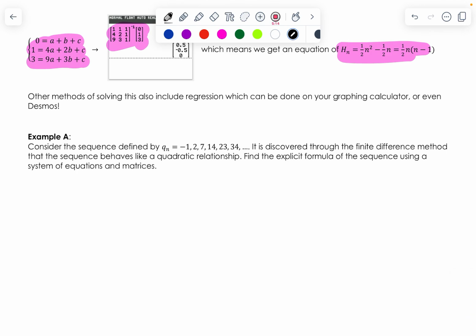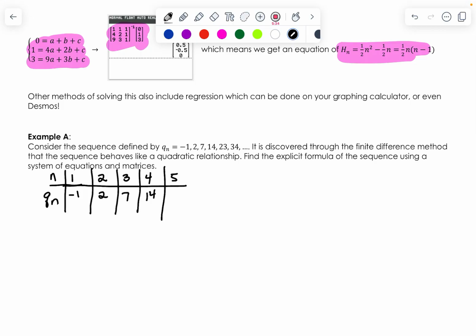So this says, consider the equation. So I'm going to sort of make a table here. The first value is -1. The second term is 2. The third term is 7. The fourth term is 14. The fifth term is 23.